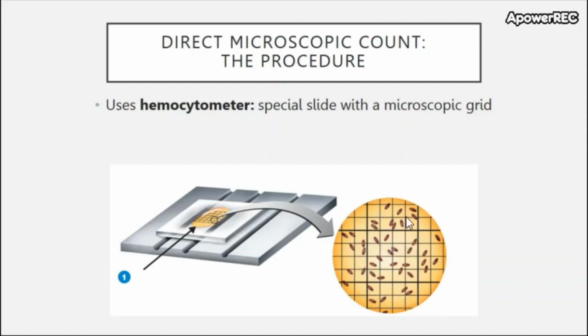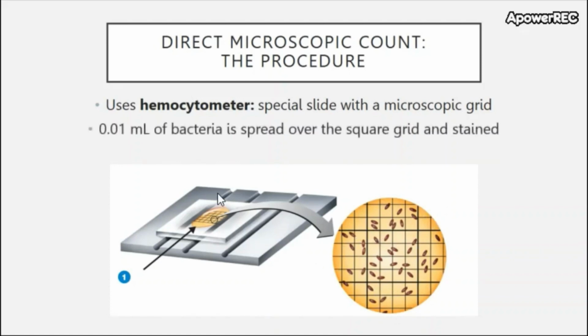You can take the number of cells and the volume that it makes up, and you can calculate, back engineer, the number of cells per milliliter. So in this particular hemocytometer, you would take 0.01 milliliters of bacteria, and then you would spread that solution over the grid, and you would have this cover slip that goes on top of it.